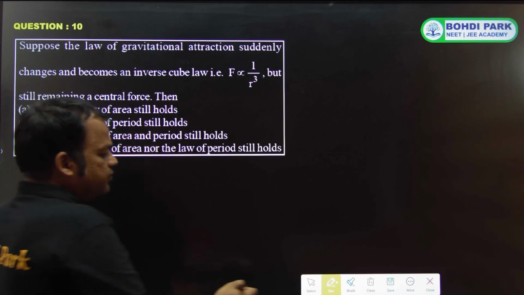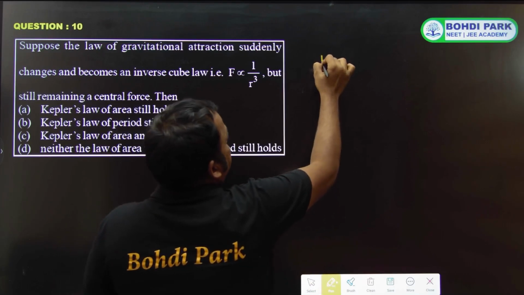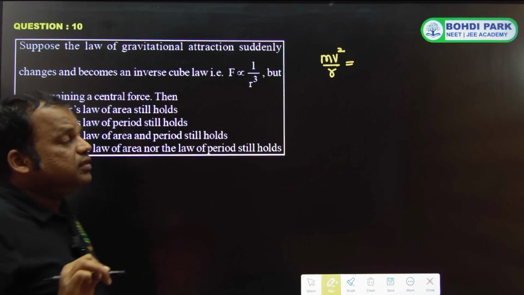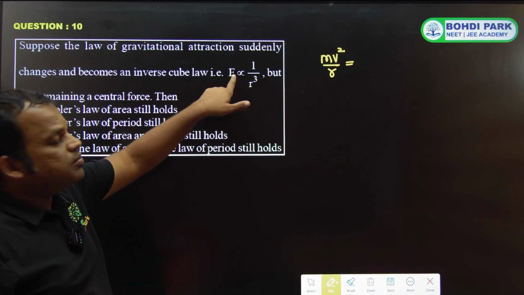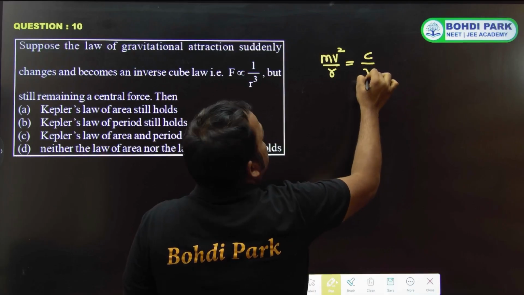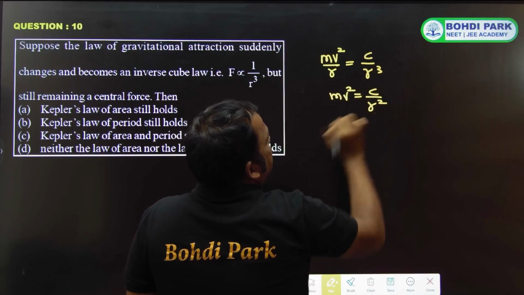Okay, so let's find out about the time first. So mv square by R, which is centripetal force, and this gravitational force is inversely proportional to R cube. So suppose this is C, some constant C by R cube, R R cancels, so mv square is equal to C by R square.